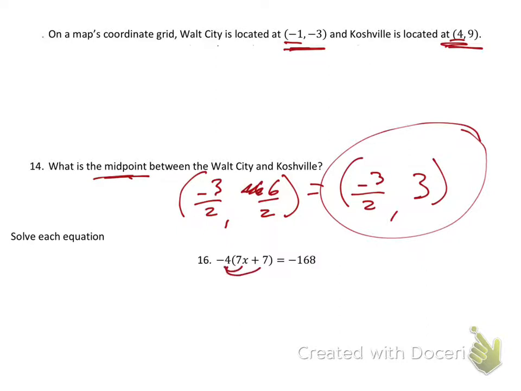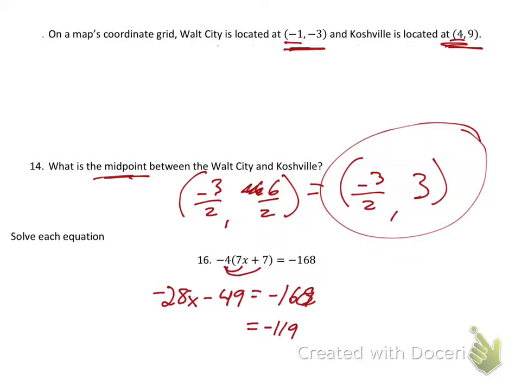This last one solves this equation. We're just going to distribute: -28x minus 49 equals -168. And then I'm going to add 49 to each side. So -168 plus 49 is equal to -119.